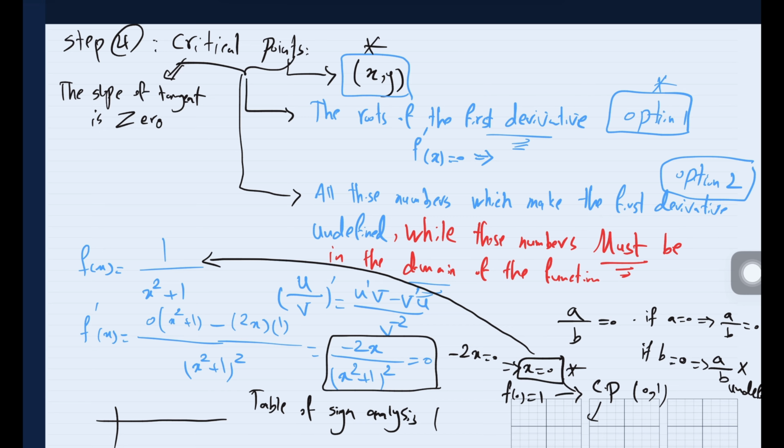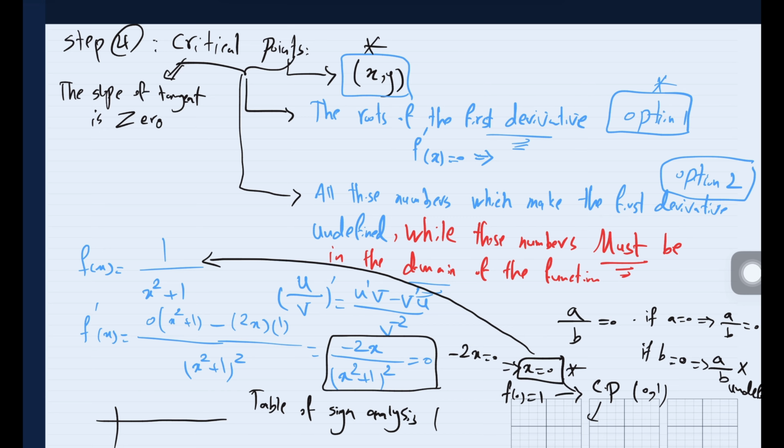If I plug in x equals -1, then I have -2 multiplied by -1 divided by (-1 squared plus 1) squared.